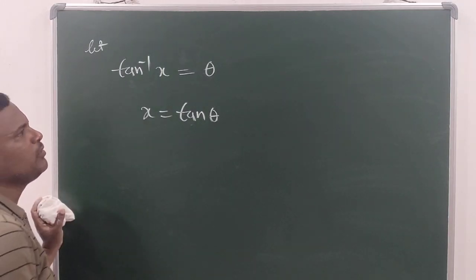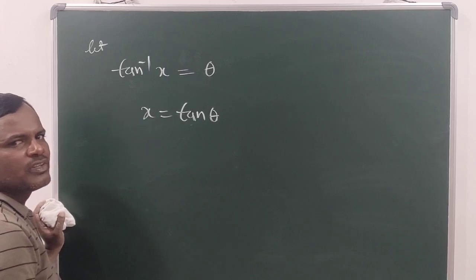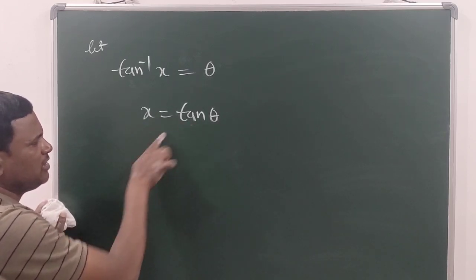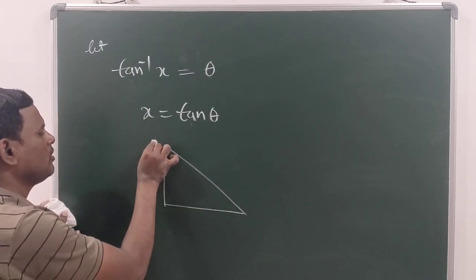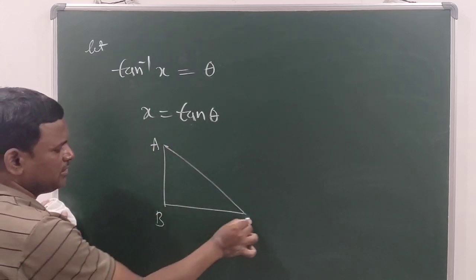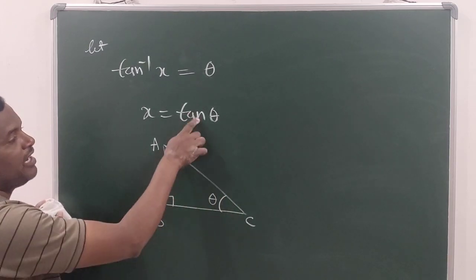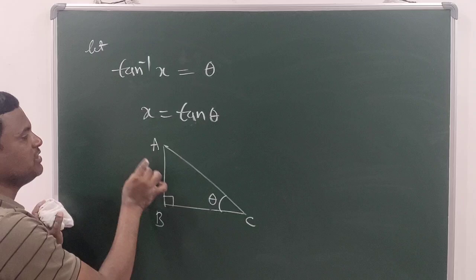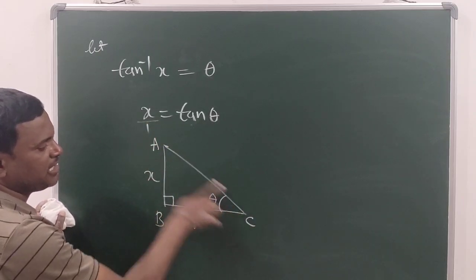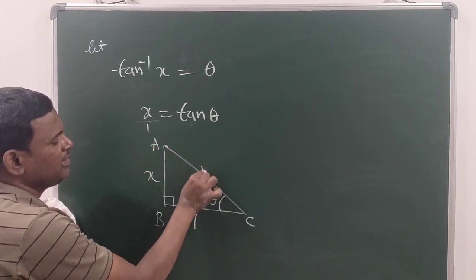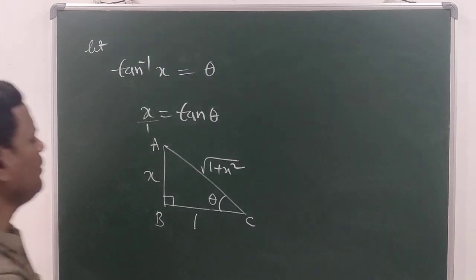So for that, what did we do? We assumed this one is equal to theta, then x will be tan theta. Now furnish these details on the right angle triangle. So what do you get? Tan theta with respect to theta, opposite is x, and adjacent, nothing is there, means 1. Apply the Pythagoras theorem so that you will get AC as square root of 1 plus x square. Now define sin theta.